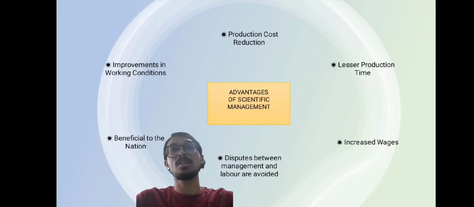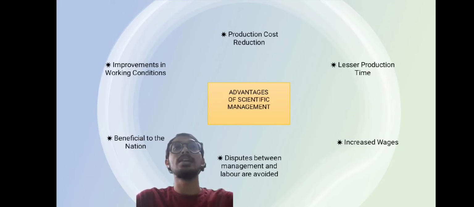Secondly, lesser production time. This is because production processes are pre-planned and there are fewer production delays. Thirdly, improvement in working conditions. Workers are provided with a proper working environment via scientific management. Fourthly, increased wages.